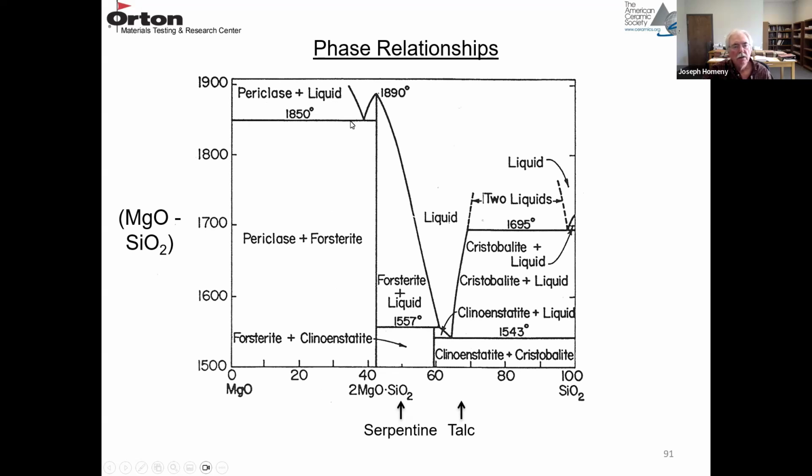And you can see 1850 degrees C is where liquid forms, above 1850 degrees C. So anywhere in this composition range, roughly higher than 60% MgO, you're going to be in the area of periclase and phosphorite, and it's a high temperature material. The liquid doesn't form until 1850 degrees C.